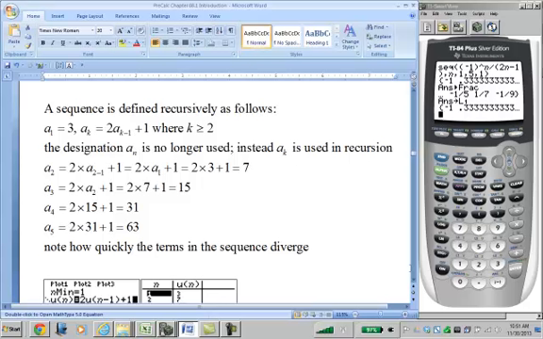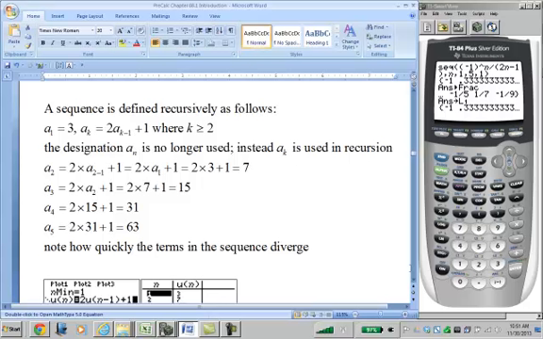Now notice we're using k now instead of n. a sub k, where k means the same thing as n, some number in the sequence. a sub k equals 2 times a sub k minus 1 plus 1. So in other words, it's 2 times the previous term plus 1, where k is greater than or equal to 2.